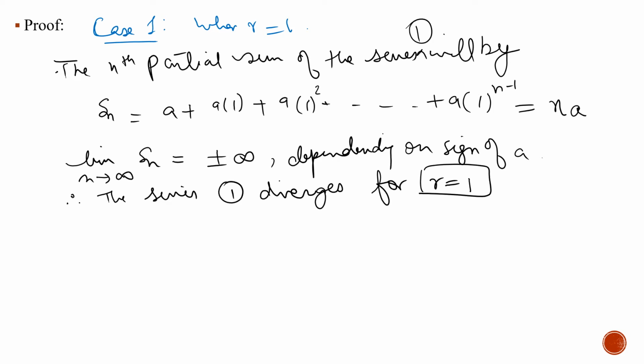Now we will make the second case, that is r equal to minus 1, and we will see the nature of our series 1. So I'll write down case 2, when r is equal to minus 1. Again you find the partial sum of your series 1.